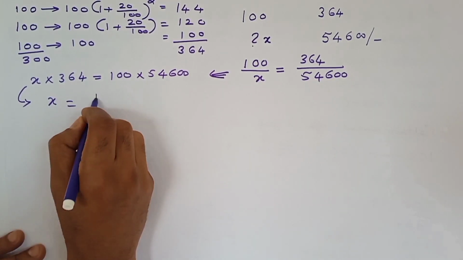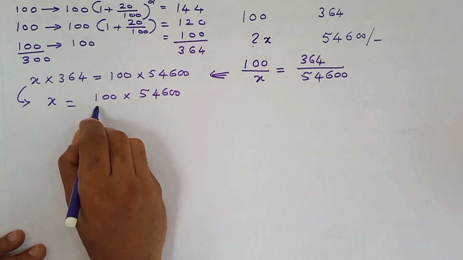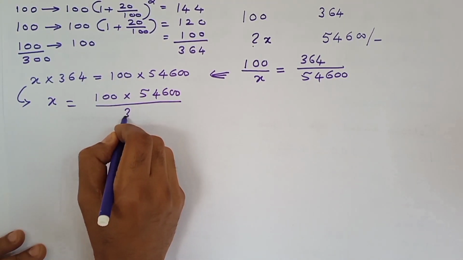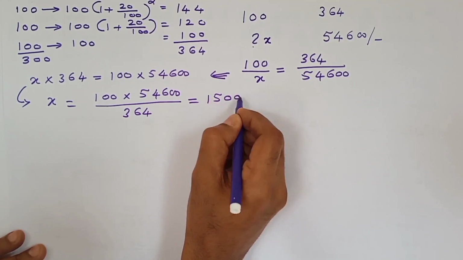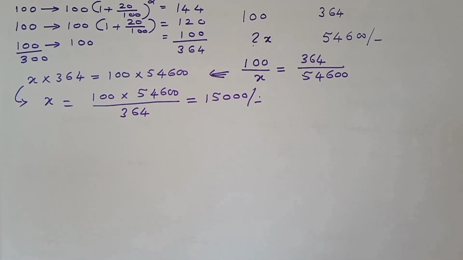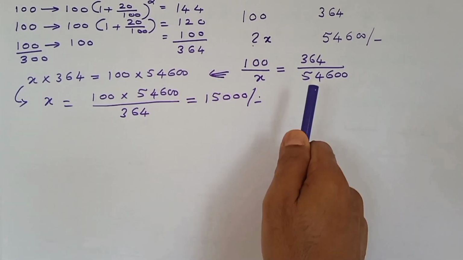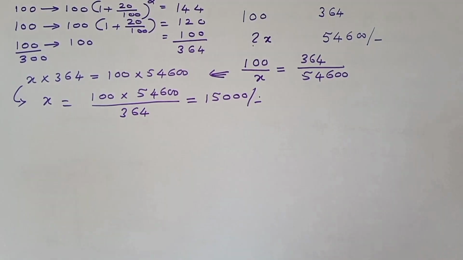X is equal to 100 into 54,600 by 364. This on simplification will be 15,000 rupees. So 15,000 rupees is the equal annual installment you have to pay to clear a debt of 54,600 rupees. So this is the final answer to the question.